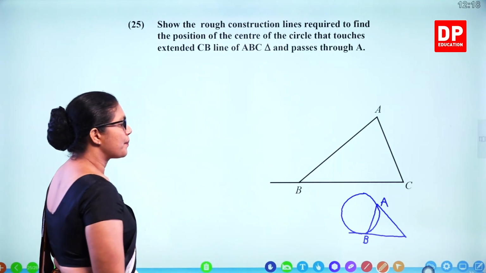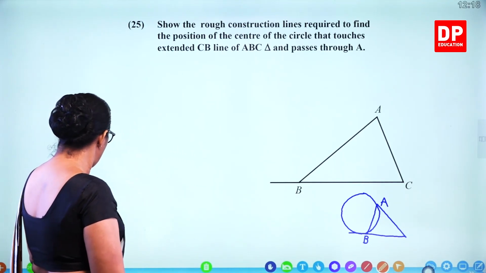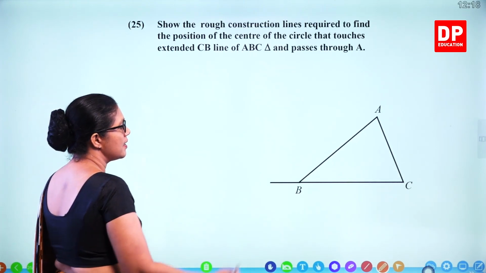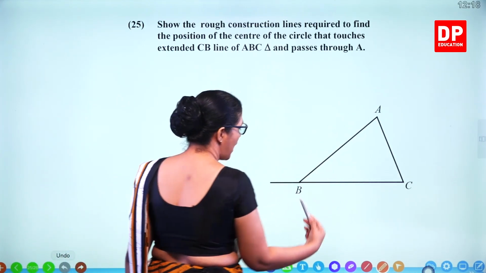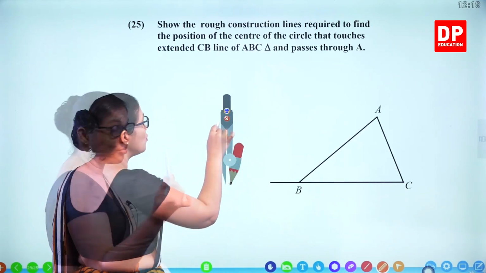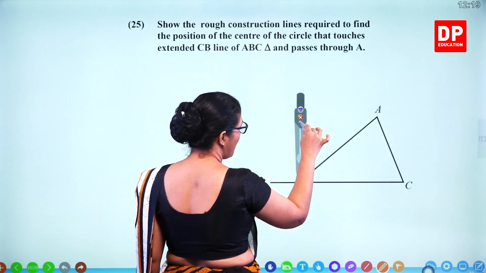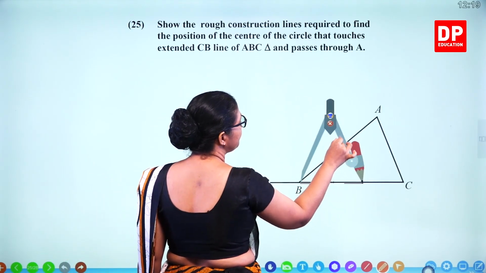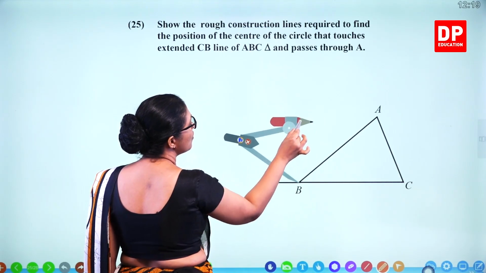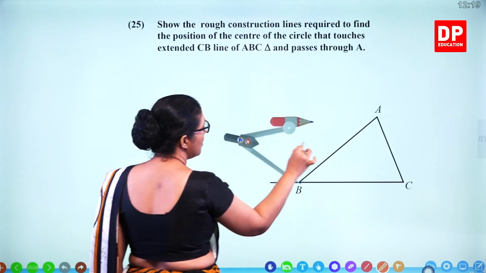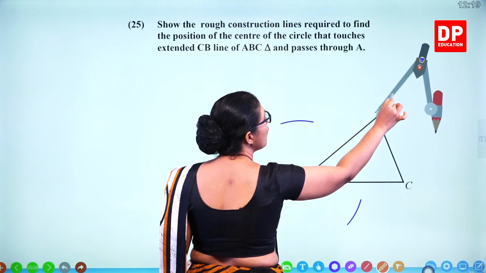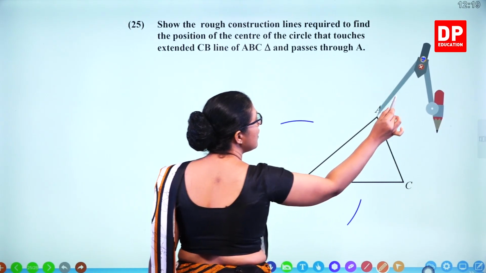How do you do that? You need to draw the perpendicular bisector of AB first. You don't need a compass here, but I'll show you how to do that properly. You take the compass and first find the bisector. Draw an arc above and below, then keep the compass on top of A and do the same thing.